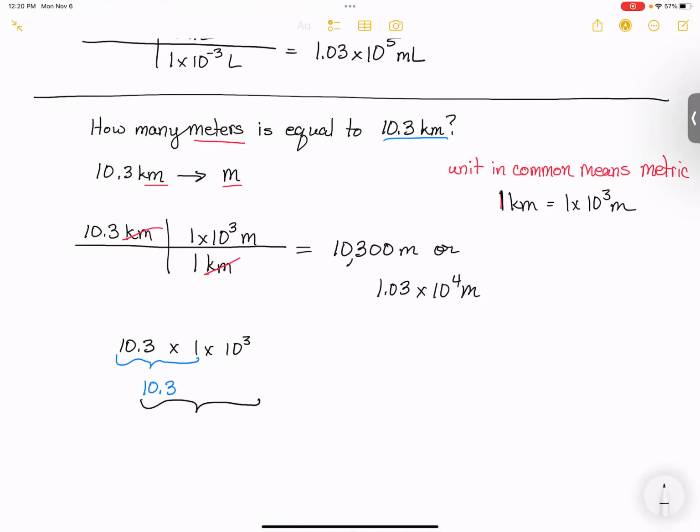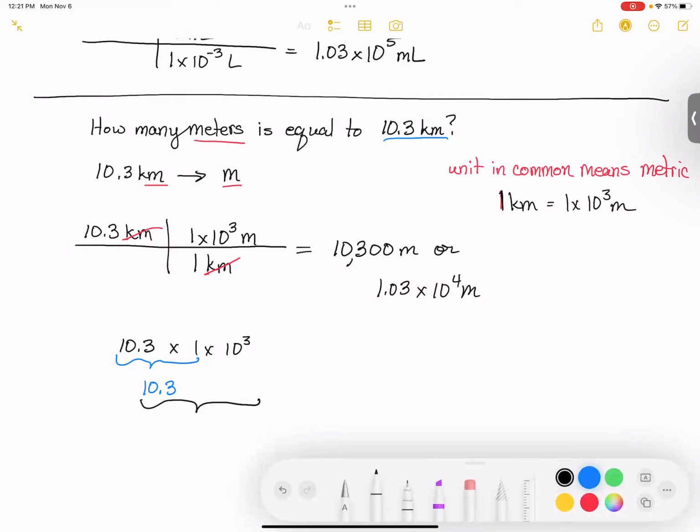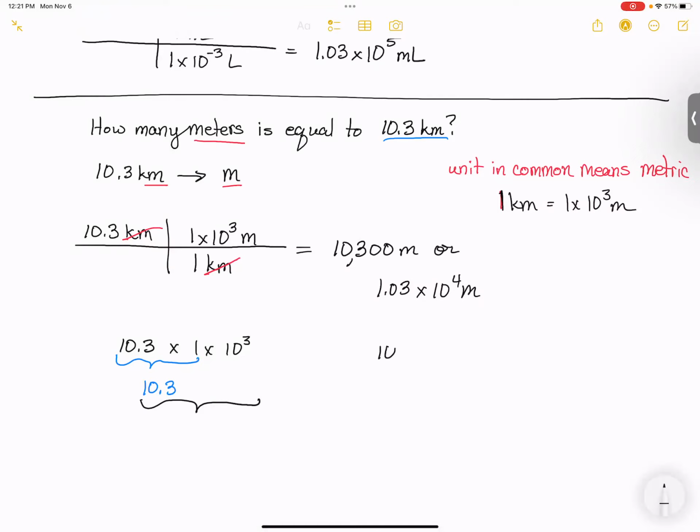If you're going to use the times 10 caret method, you've got to key it in as 10.3 times, open parentheses, 1 times 10 to the caret 3, close parentheses, or it will screw it up. And it's not you, I've seen it done a ton.